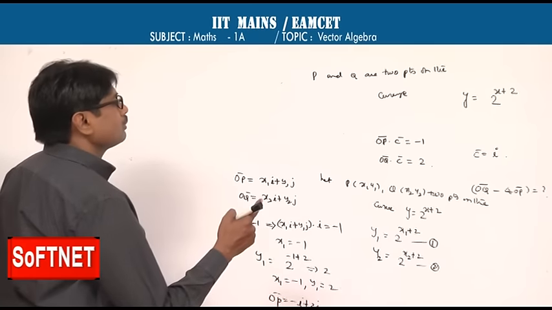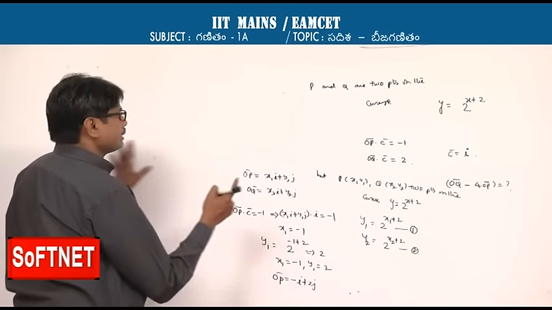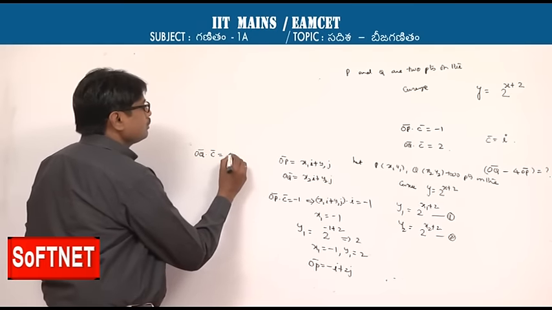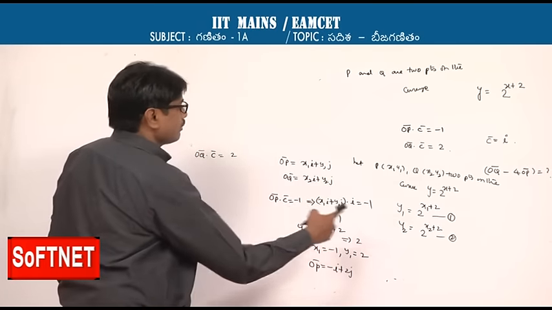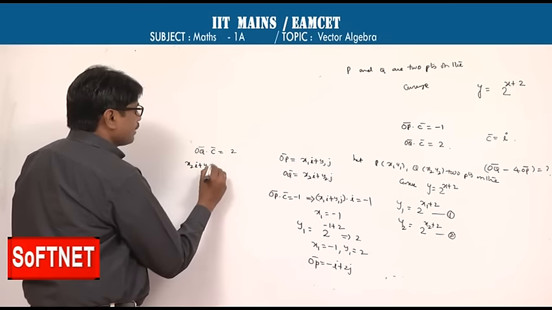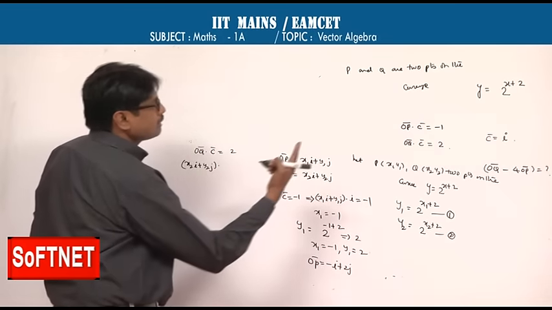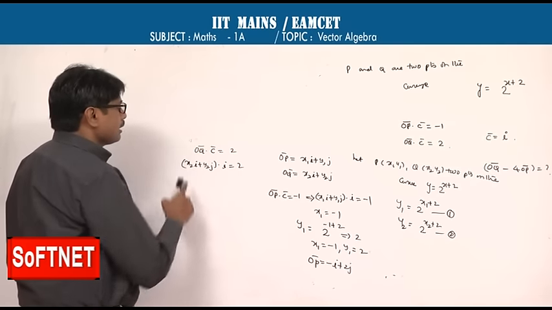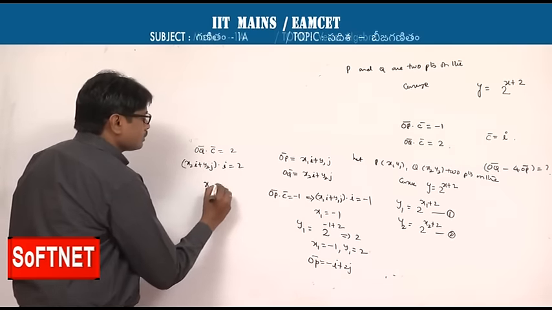ఇప్పుడు OQ bar, to get OQ bar use the second condition. What is the second condition? OQ bar dot C bar is equal to 2. OQ bar, what is OQ bar? x2 times I bar plus y2 times J bar dot C bar. C bar ఎంత ఇచ్చాడు? I bar, that is equal to 2. ఇక్కడ డాట్ ప్రోడక్ట్ అప్లై చేస్తే మనకు x2 is equal to 2.